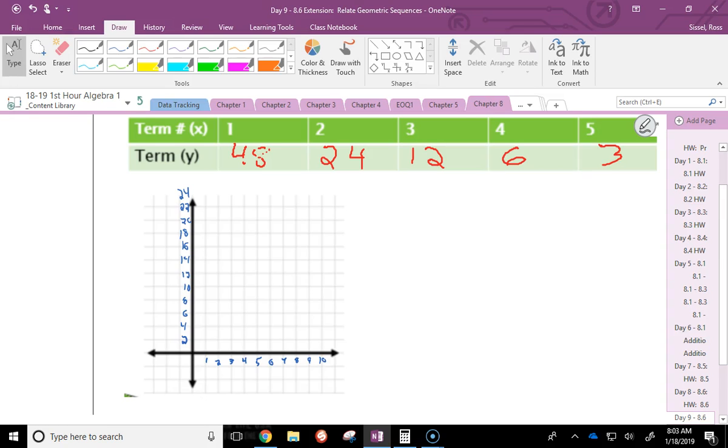No, I don't have enough on my scale, so it's okay. I'll do 2 and 24. Here's 0, 1, 2. 24 is up here. 3 and 12. 4 and 6. And 5 and 3.